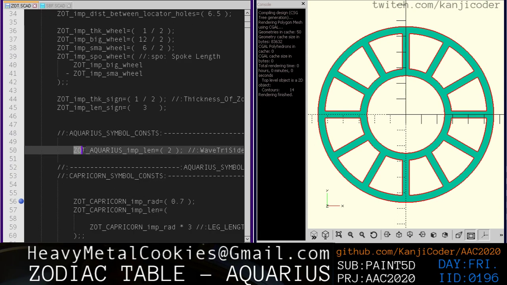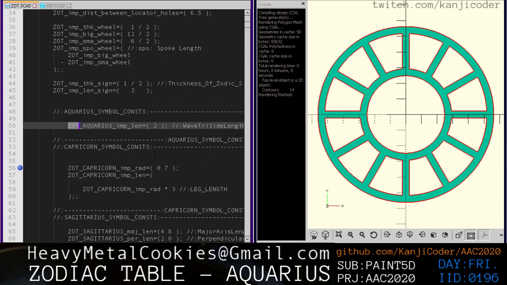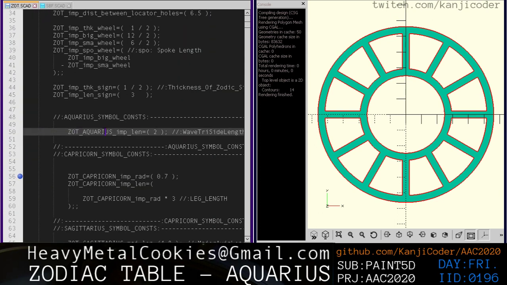So ZOT is the namespace. That tells us something. Aquarius is a subnamespace, so it's for the Aquarius symbol. And then imp is for imperial and len is for length. So we know it's an imperial unit, a length, for the Aquarius symbol, and for this zot.scad library. All the parts here have a very formalized grammar, and that is intentional.